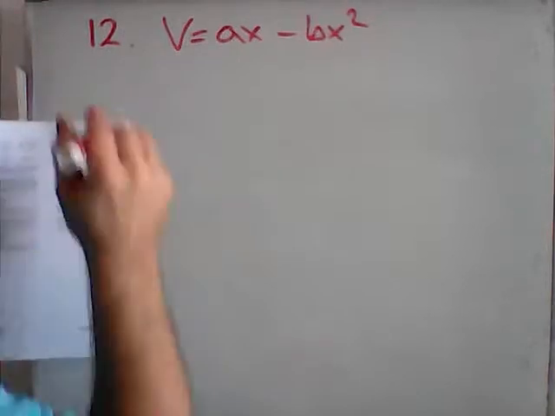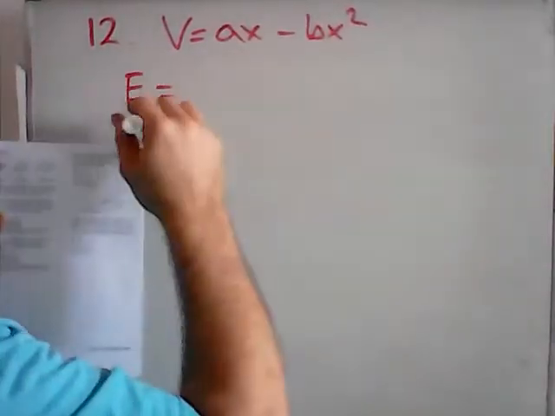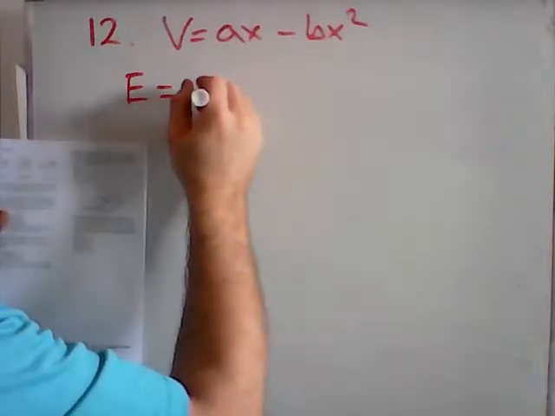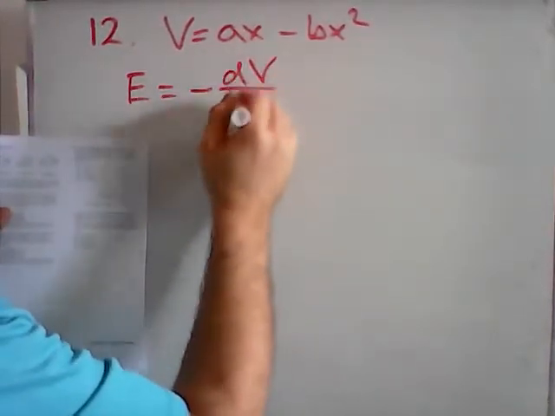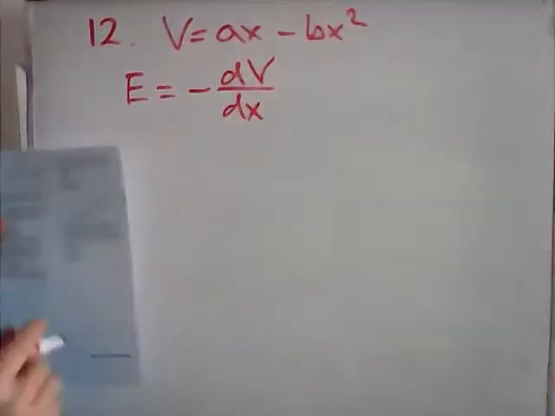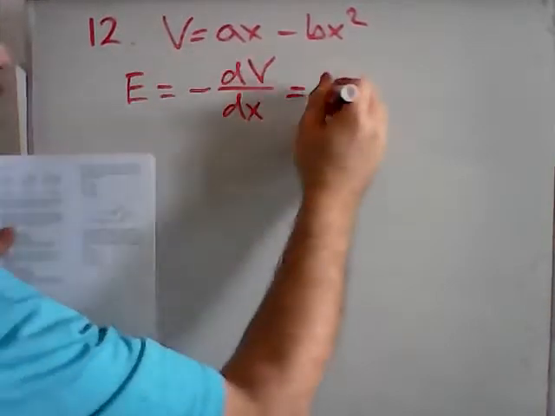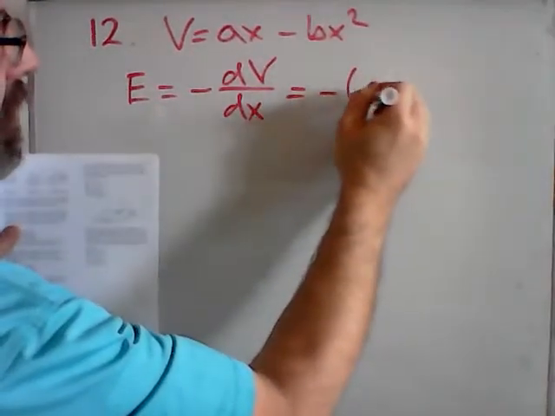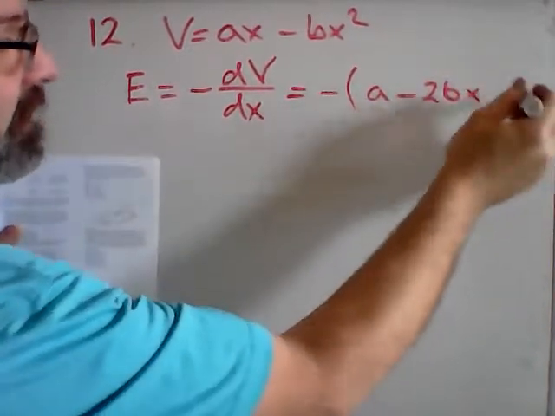So, we know that electric field is equal to, and we're just looking at the axis, minus dV dx. So that means we can find the electric field, and that would be minus A minus 2BX.